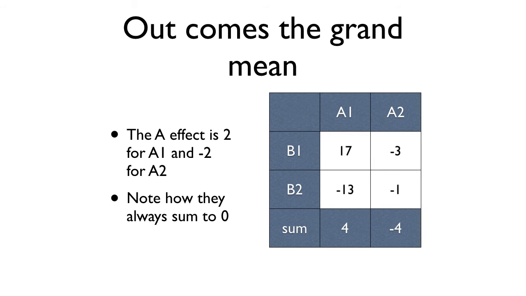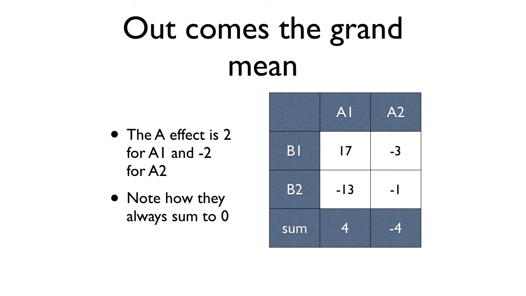Okay. So we take 2 out of the A1s and take 2 out of the A2s. And like I said, it's neat how they always sum to 0. They will always sum to 0. They can't not. If you were doing an example like this on a quiz, they have to sum to 0. If they don't, you did it wrong. It is impossible for them not to. The universe works this way.